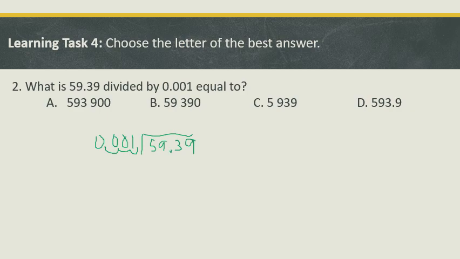So, dito tayo sa 59.39 sa tatlo. 1, 2, 3. Ano mangyayari dito sa space? Maglalagay tayo ng 0. Kaya, pag dinivide natin siya, magiging 59,390 divided by 1. Ganyan uli. Since i-divide sa 1, ito na mismo yung ating answer. 59,390. Letter B.